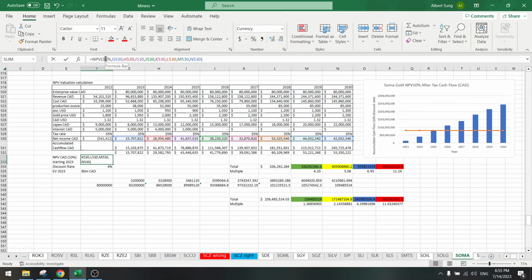If I take a discount rate of 4%, which is the bond yield today, that's the return that you can get when you put your money in the bank, then the NPV is 245 million. That's here. So that's actually the upside for Soma Gold. Currently, our enterprise value is 80 million. It should be worth 250 million.